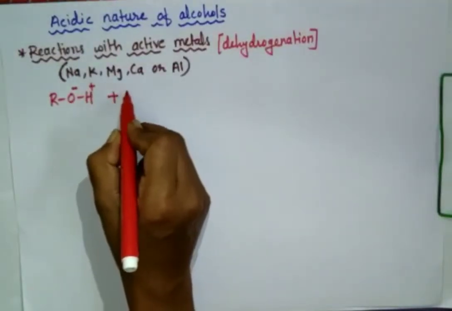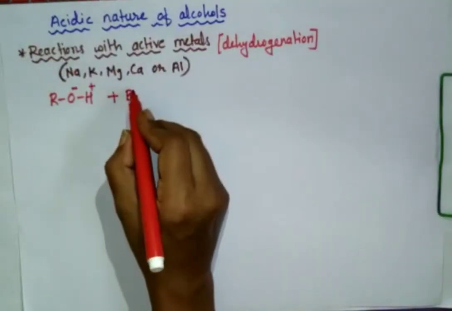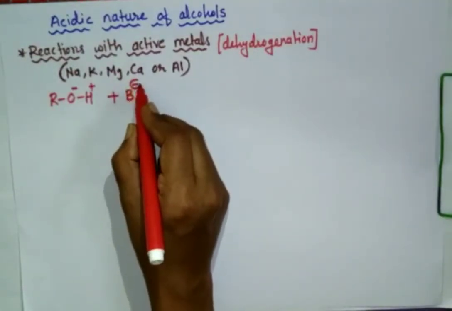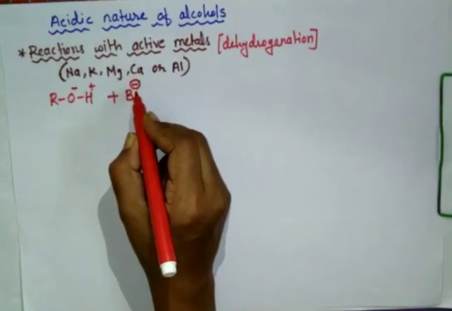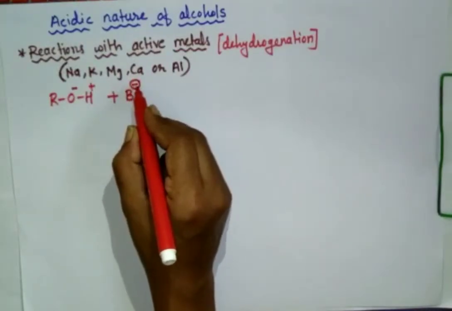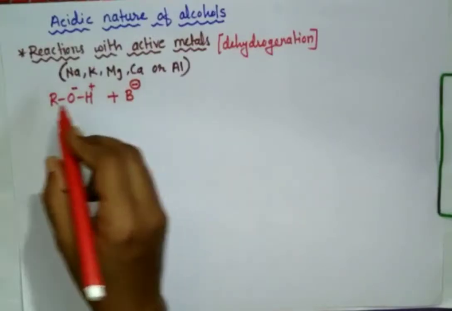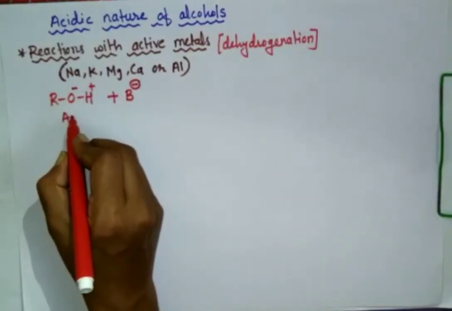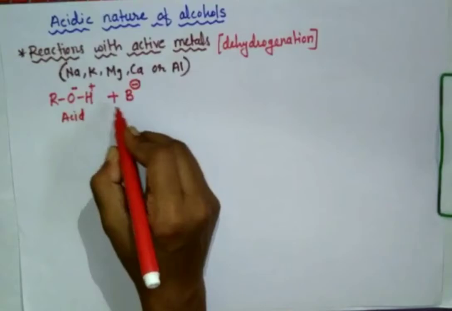When we add any base, it is usually electron rich, it has lone pairs, it is an electron donor, so it has an electron rich center. And alcohol here acts as an acid.